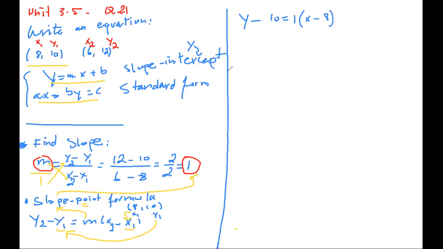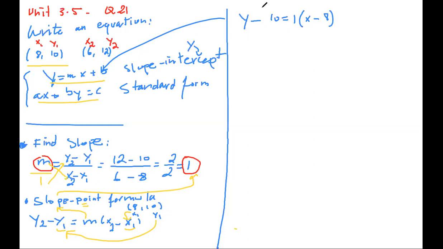That's almost done. So, first, let's make it look like this. In order for this to be in mx form, or slope-intercept form, the y has to be by itself. So basically, we're going to try to isolate the y, or solve for y. So what do you think we do?